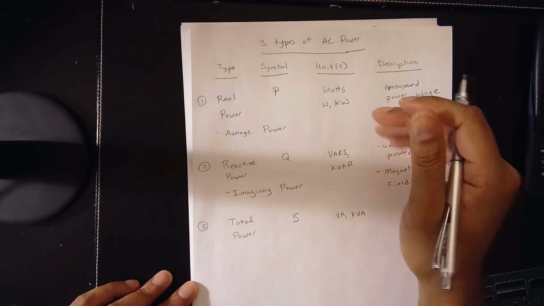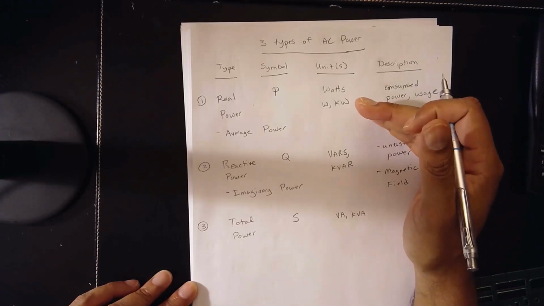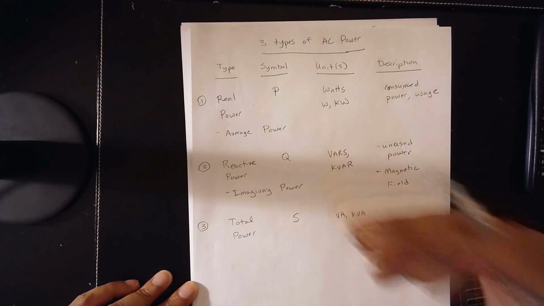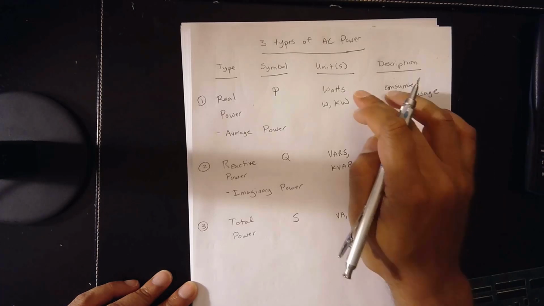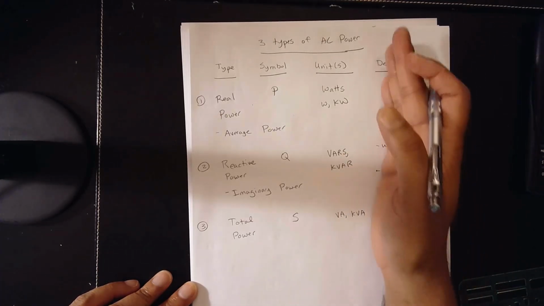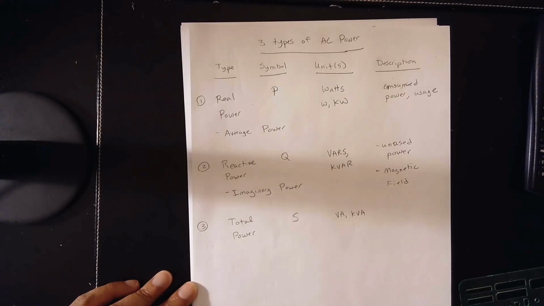Now, understand that the units for watts are really VA, and the units for VARs are really VA. But we designated these different units because of the AC line, right? So if I say 1000 kVA, I'm meaning total power. If I say 1000 watts, I mean real power. Even though technically the units are the same.